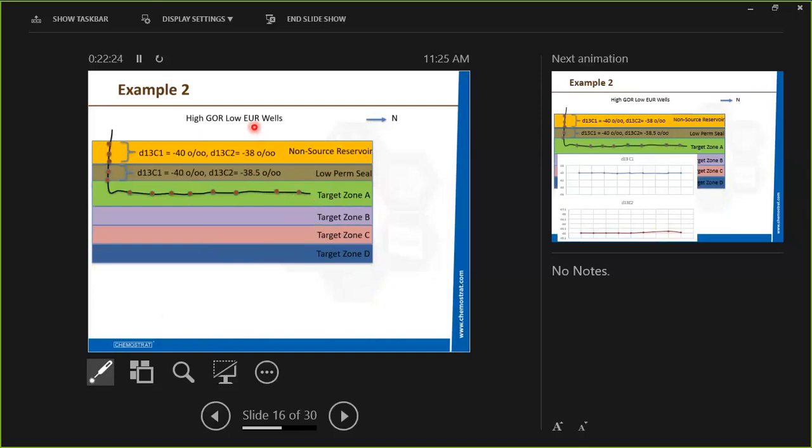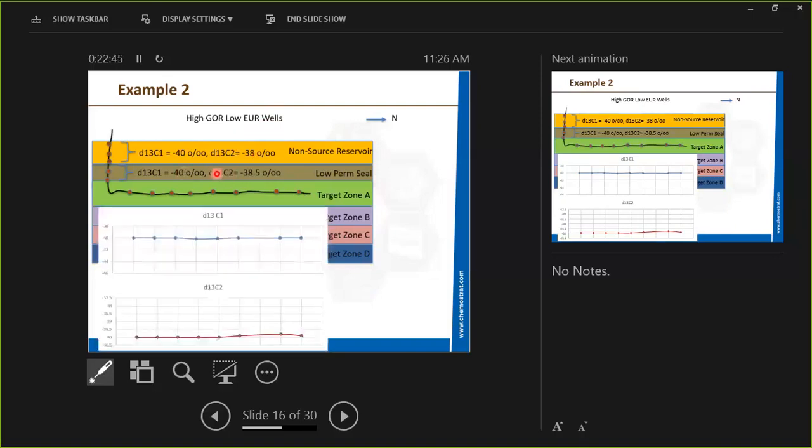Now, in an example where you have high GOR, low EUR wells, right? So this is a well that you get a higher GOR, but you're not getting much production out of at all. So what might you observe there? Well, again, you have very similar values to what you have in these shallower intervals. Along the lateral, it's high.